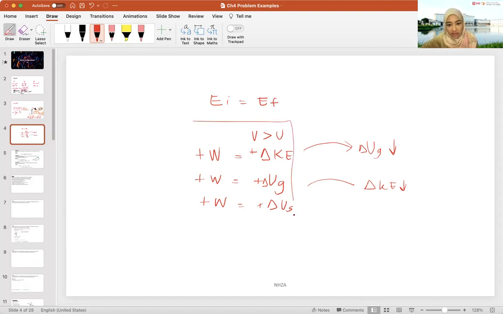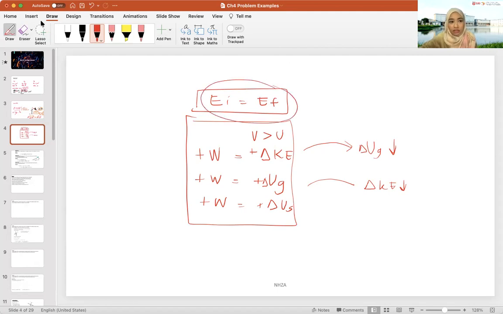But in this instance, usually we will ignore where that energy comes from. But when we're talking about EI equals E final, we are concerned where that energy goes to. So these are different approaches. This one is just to know a single type of energy. This one we take into consideration all energy. Okay, so you're right.